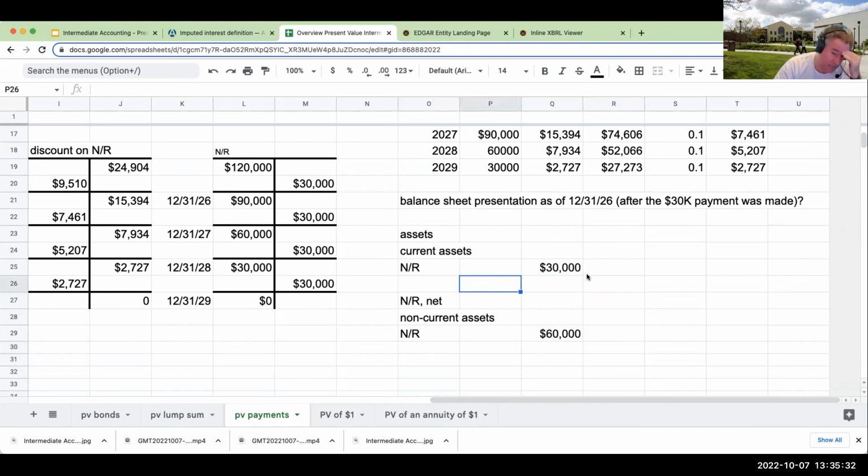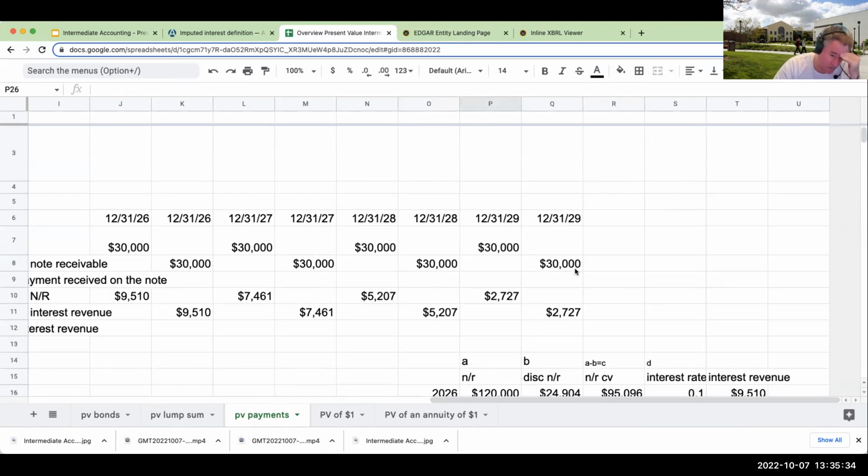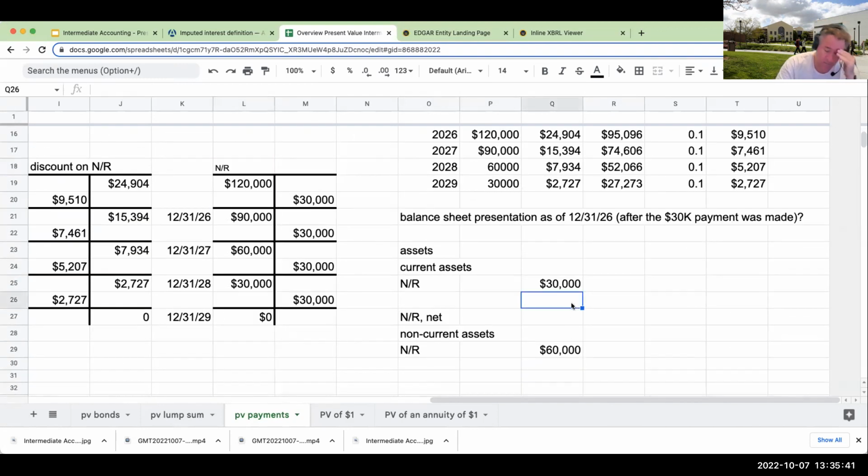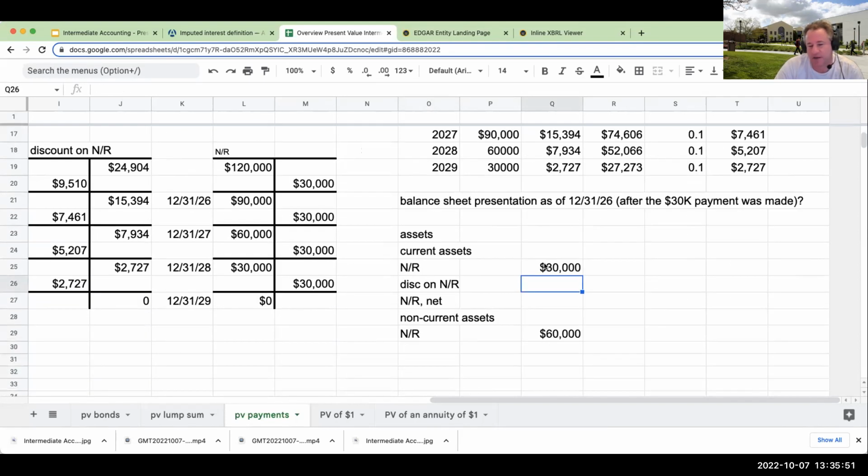So what I would need to do is take a third of this amount. Oh, brother. So I go over here to the discount on notes receivable. If you're in my class and you're seeing this, I'm just doing this more for fun. Sounds like a weird way to have fun, but why not?